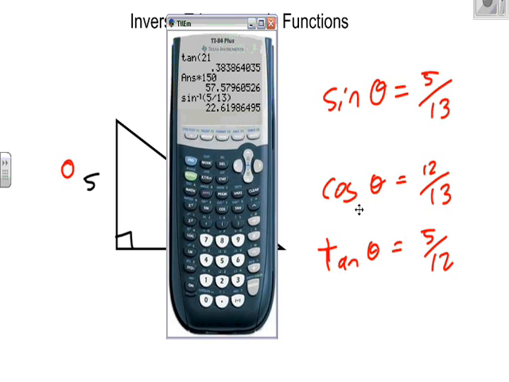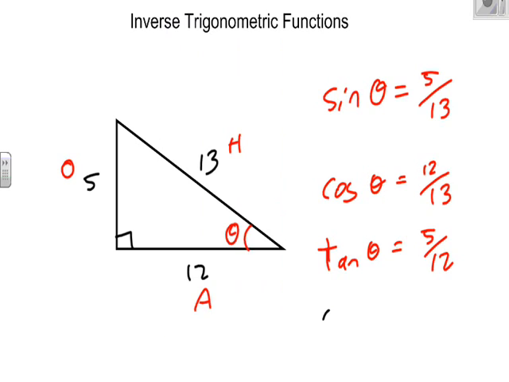And it should be the same for all of these ratios, so let's do the inverse cosine of 12 over 13. It is the same. And tangent, we could do inverse tangent of 5 over 12. And again, it's the same as it should have been. So the angle is 22.6 degrees.